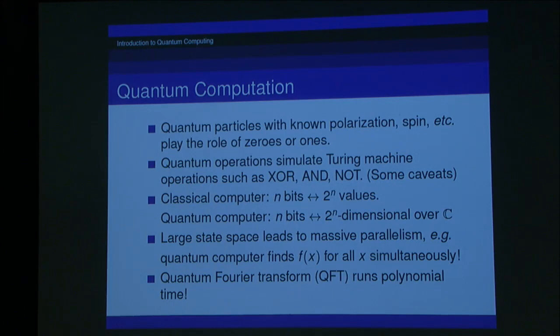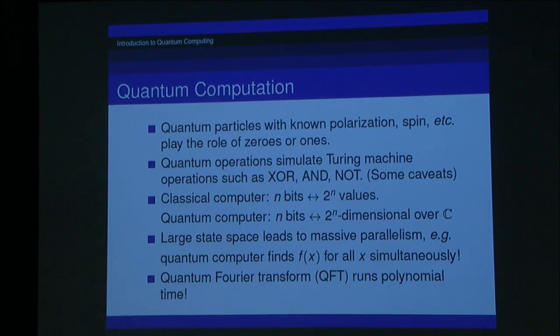So quantum computation: what are zeros and ones? Well, quantum particles with known polarization, spin, etc., can play the role of zeros and ones. And quantum operations simulate Turing machine operations like XOR, AND, OR, NOT, with a few caveats, many of which we'll sweep under the rug.